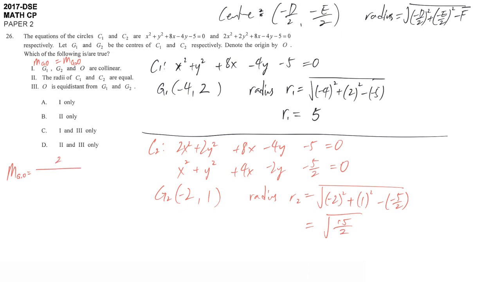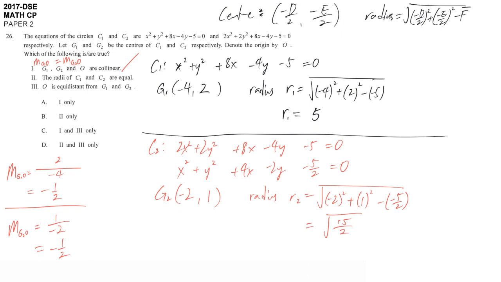That means 2 over negative 4, negative 1 over 2. Also, we consider the slope G2O is equal to 1 divided by negative 2. It's negative 1 over 2. So they are collinear because their slopes are the same for any 2 points.